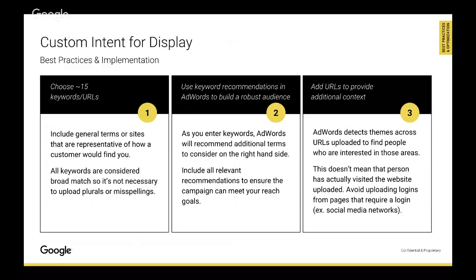We don't recommend doing that because any social media that requires logging in would not be able to help us generate a custom intent. So we will ask our advertisers to focus on putting the URLs of their own website and also putting the URLs of their competitors.